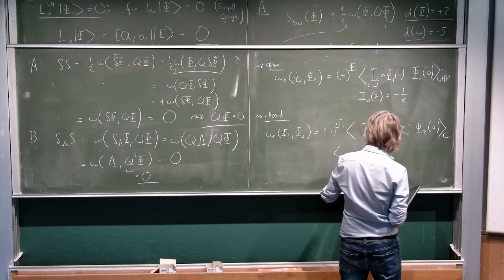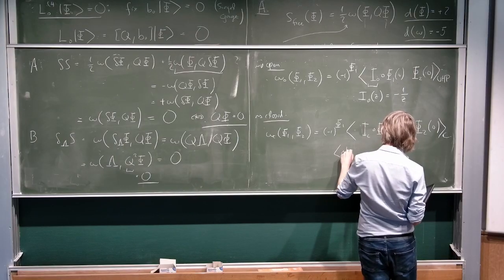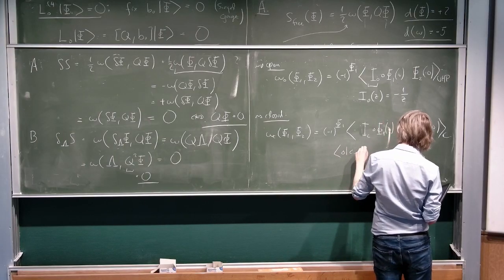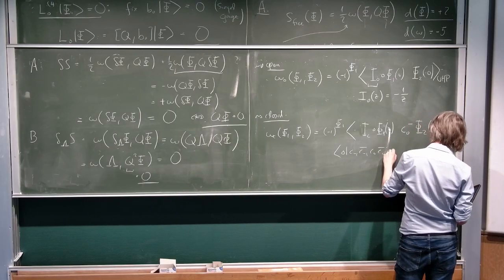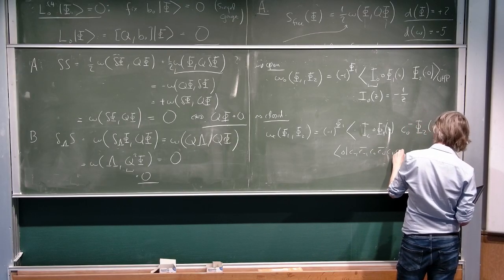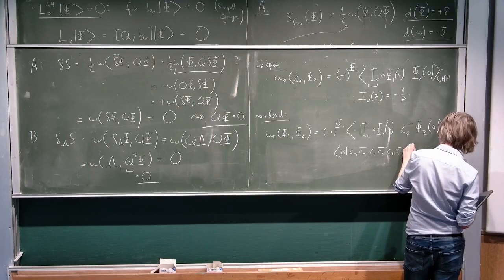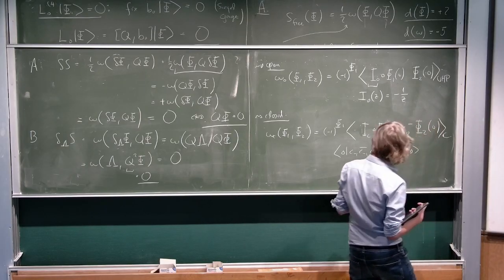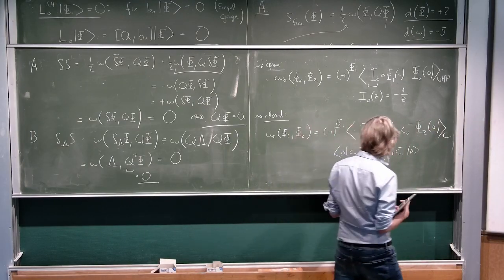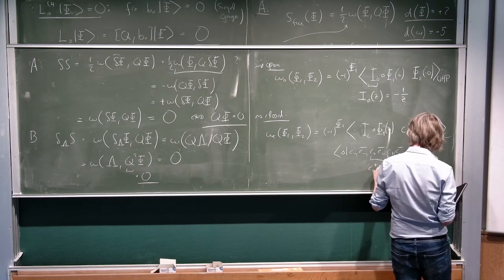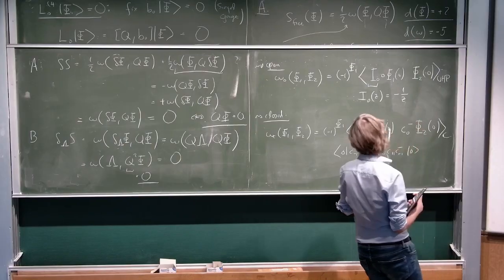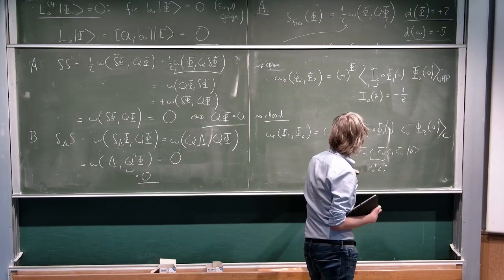So the corresponding non-zero correlation function should be c minus 1, c minus 1 bar, c naught bar, c plus 1, c plus 1 bar. Where the c naught bar, you can quickly show that it can be written as c naught plus or c naught minus, with a minus sign for sure.